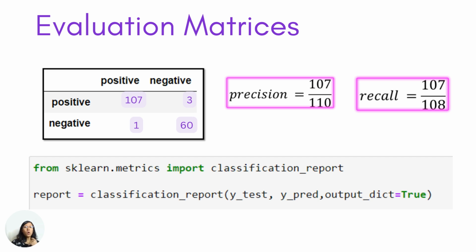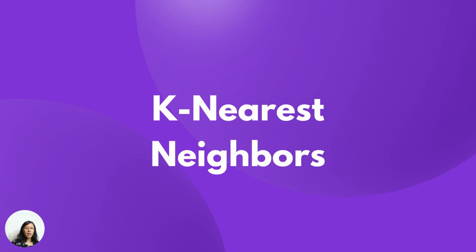All this precision, accuracy, and recall can be calculated using the classification report from the sklearn metrics package. You first have to import the classification report from sklearn metrics, and then you call this function by feeding y and y_predict.